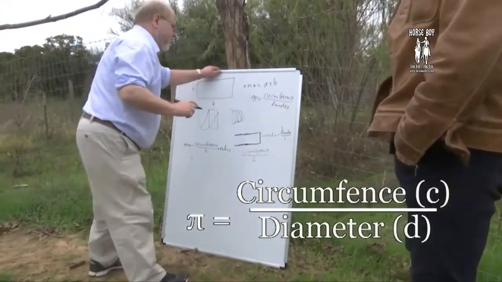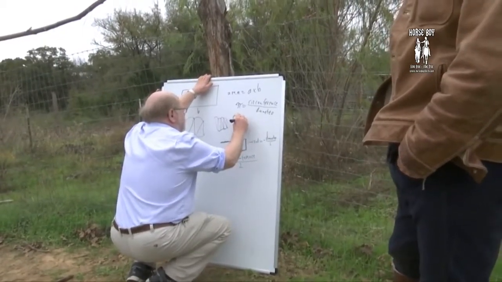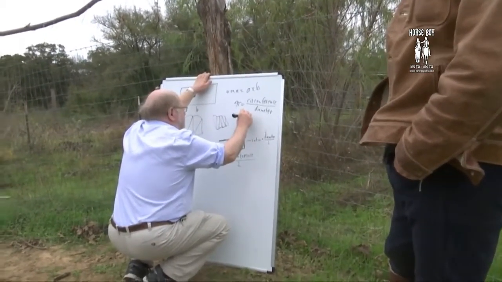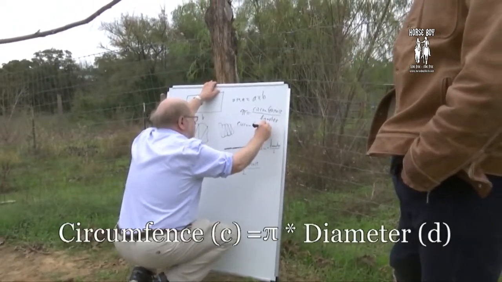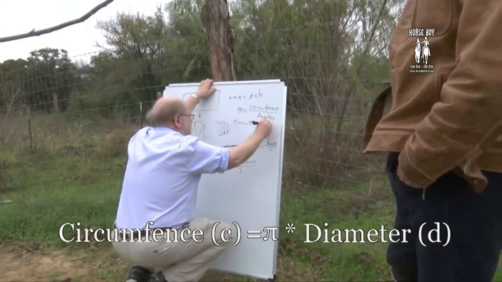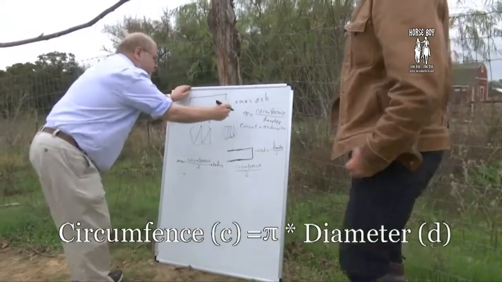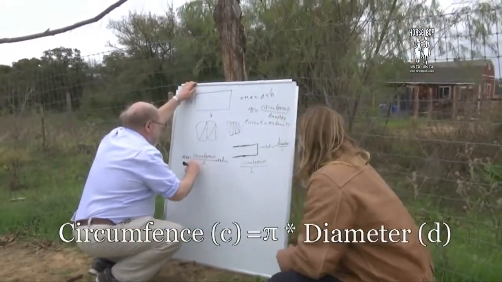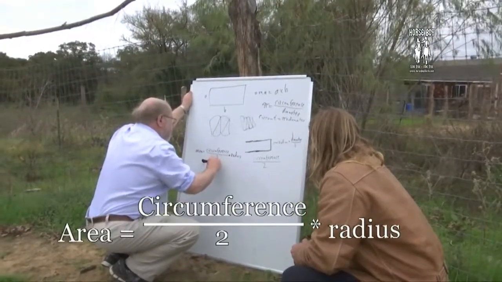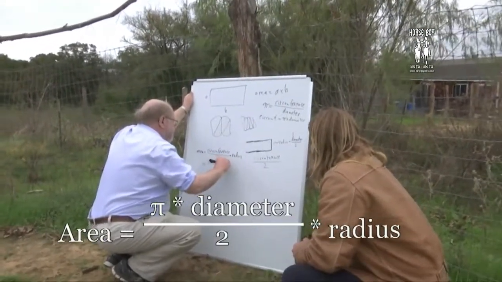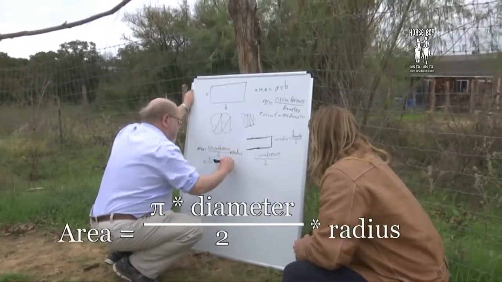Now, this means that the circumference may be obtained, I abbreviate as pi times diameter. Now we figured that in here, circumference was pi times diameter, divided by 2, multiplied by the radius.